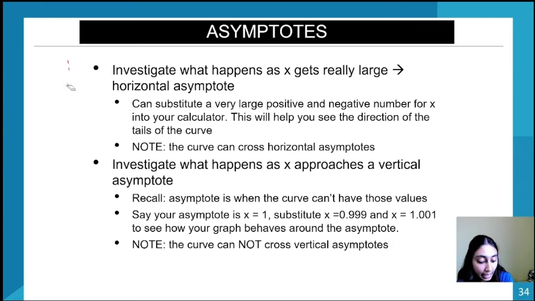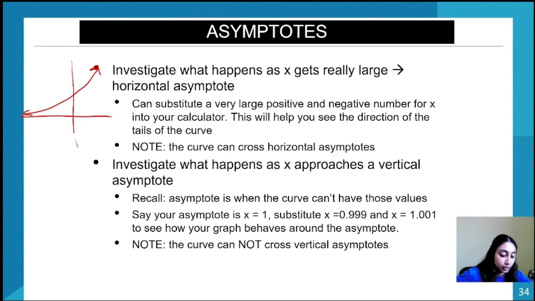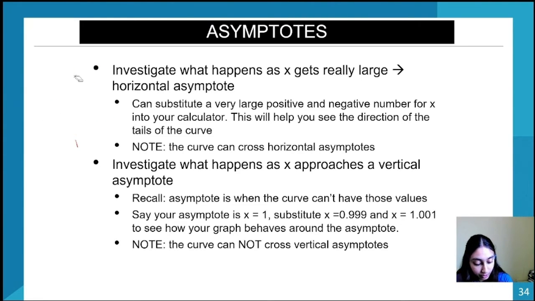And then a vertical asymptote could look a little something like this, our exponential graph. Over time it will try to reach the x-axis, but it will never reach y is equal to 0. So that's what an asymptote is: a point where the curve will approach but never reach.